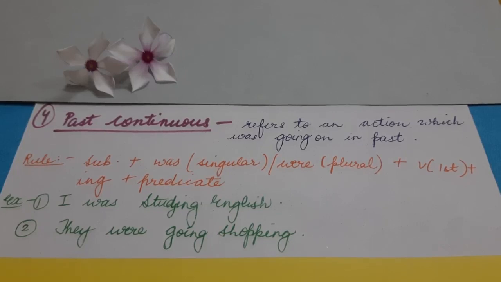Example, I was studying English. So you were studying English but in the past. Second, they were going shopping. They were going shopping in the past, not in the present. That action was continuing, not in the present, but in the past. So for that situation, we use past continuous.